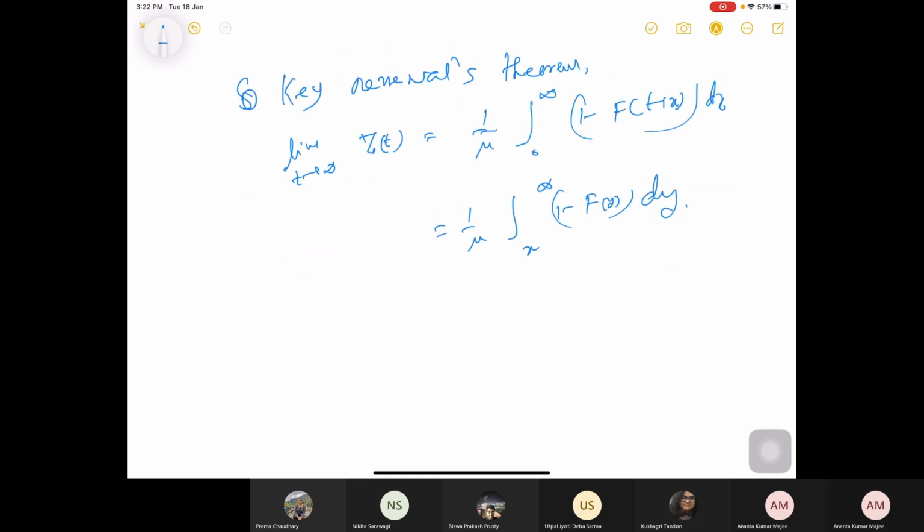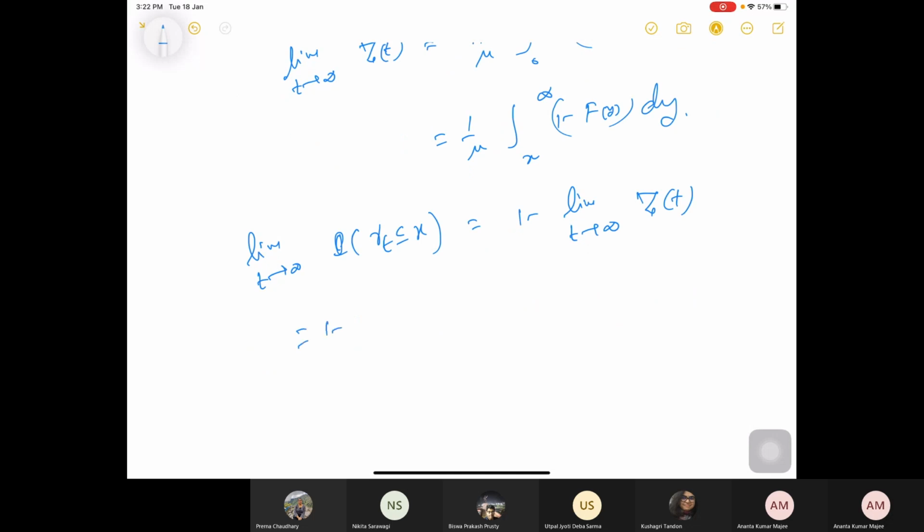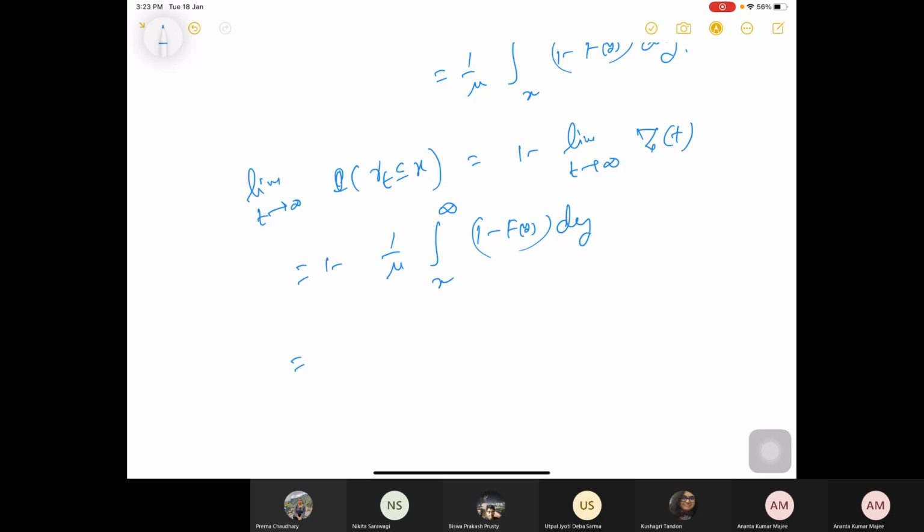Okay, so therefore if I consider the limit as t goes to infinity of the probability of nu t less than or equal to x, which is 1 minus the limit as t goes to infinity of zt, is it not? So this is nothing but 1 minus 1 by mu times the integral from x to infinity of 1 minus F(y) dy.